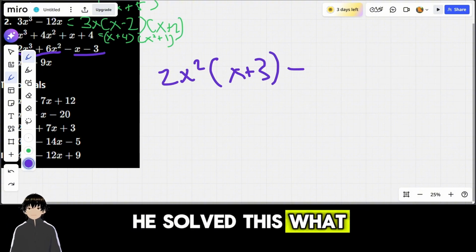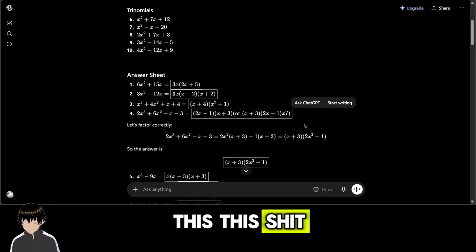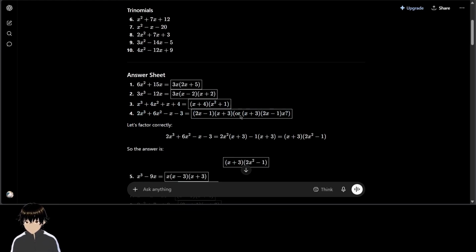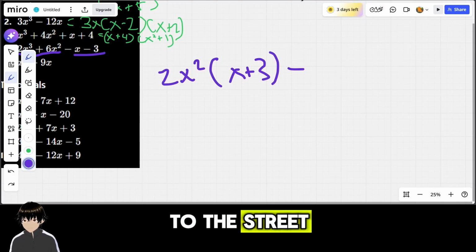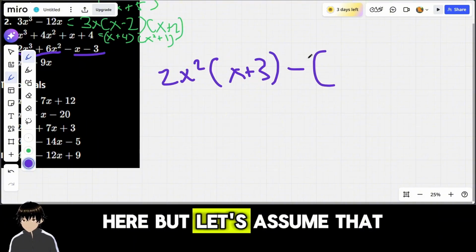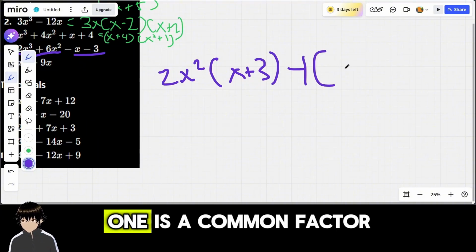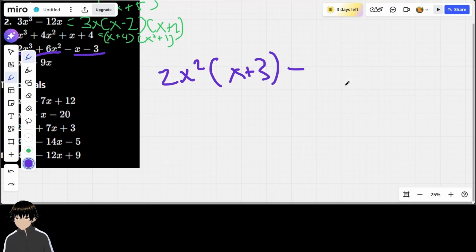We solved this. Let's check. X plus 3. 2x minus 1. X plus 3. There's no common factor here, but let's assume that 1 is a common factor.